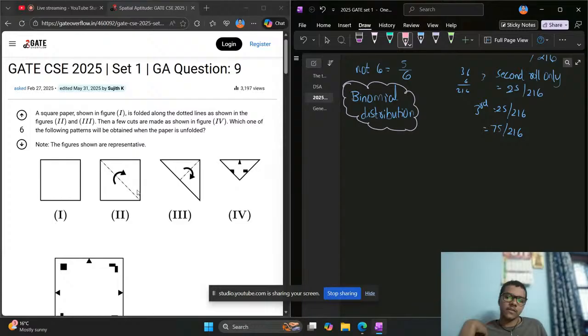Is that? No, I cannot figure it out. It was folded like this. So this will be the perpendicular angle. So this is this angle, right?